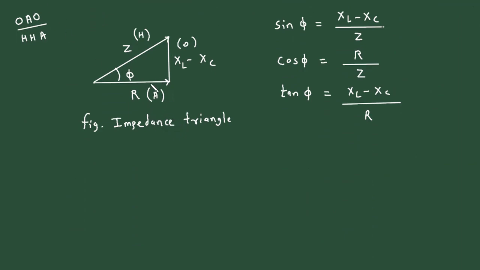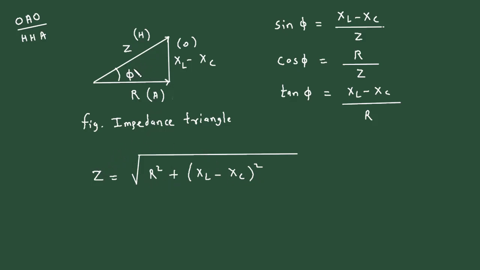Now from this impedance triangle we can calculate the value of Z. According to Pythagoras theorem, it will finally be Z equal to under root of R square, the adjacent side square, plus in bracket XL minus XC, square.